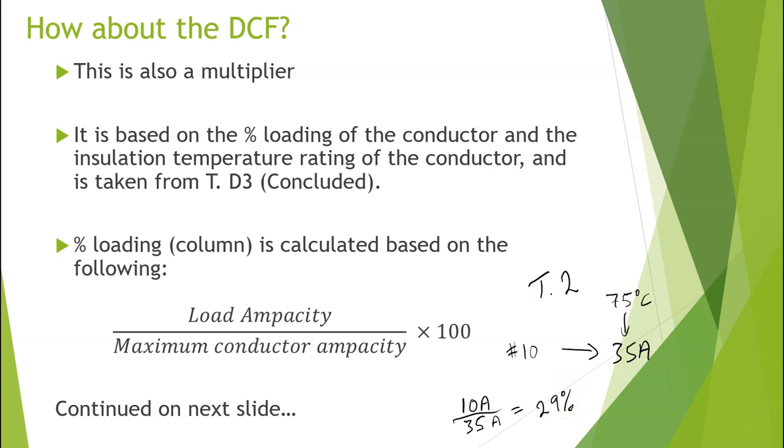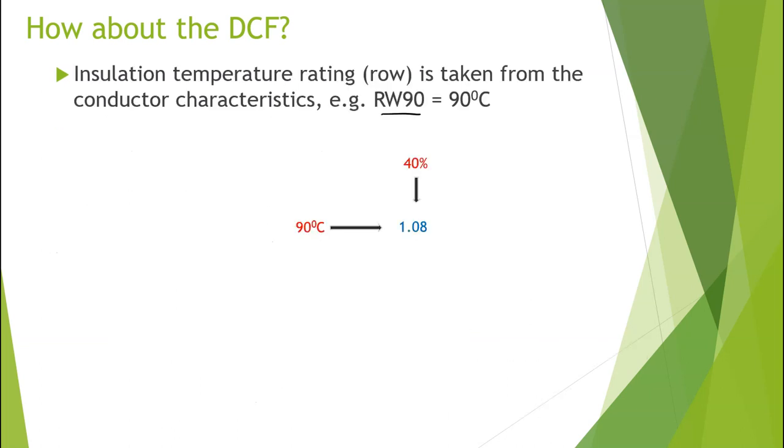From that point, now that we have a percentage loading value, we can go to table D3 concluded, and using, for example, as we said, RW90 as our conductor type, that means that we would have a 90 degree insulation temperature rating to use in table D3 concluded. We go across the table at the 90 degree C row until it intersects with a percentage column that is equal to or greater than our percentage loading that we just calculated.